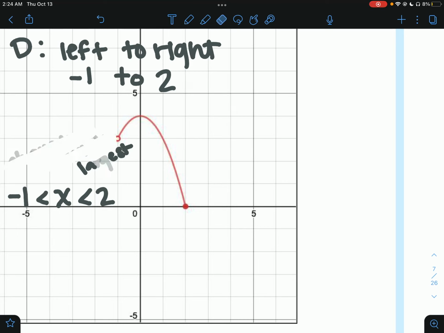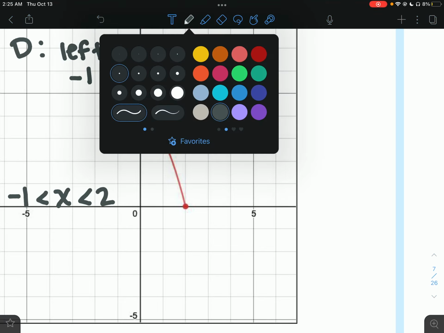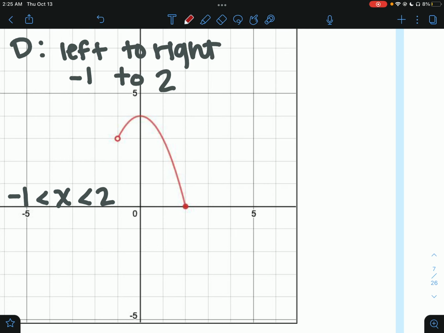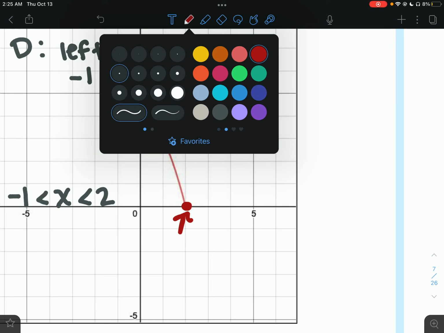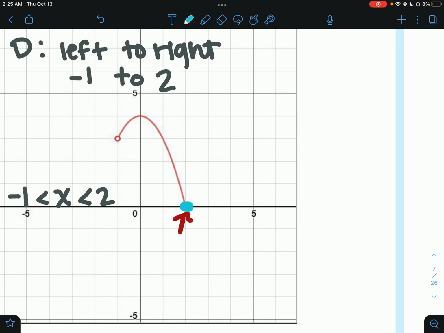Now, we do need to consider, are either of those going to be equal to? And to do that, we would look at the points on our actual graph. So right here, let me change the color to be different from the graph. Right here, we're looking at a closed circle, which is where our value is 2. So our inequality needs to show that as well. It needs to be included.